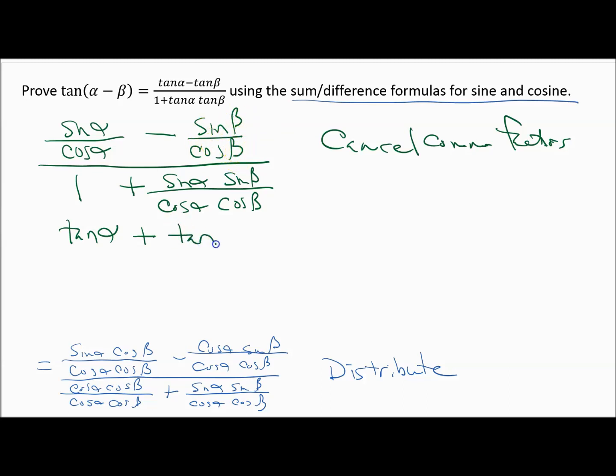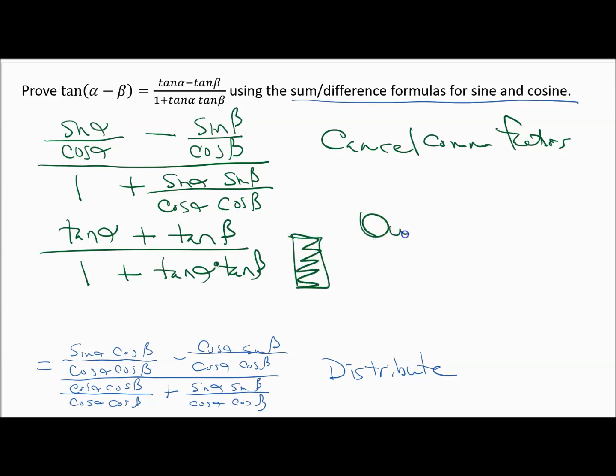That's tangent of beta divided by 1 plus, now here I've got sine of alpha over cosine of alpha. That's tangent of alpha, and sine of beta over cosine of beta is tangent of beta, and that is multiplied together, and that's the end of our proof. And we used the fundamental identity for quotients.